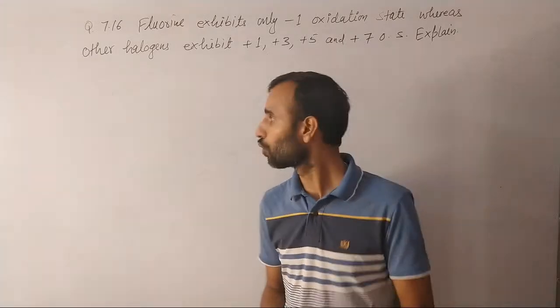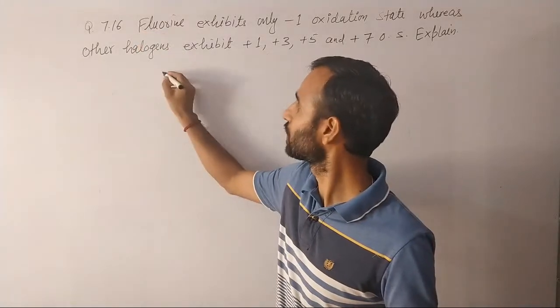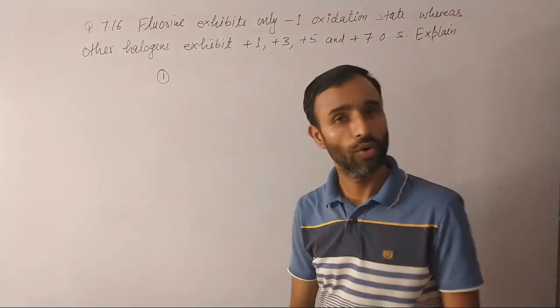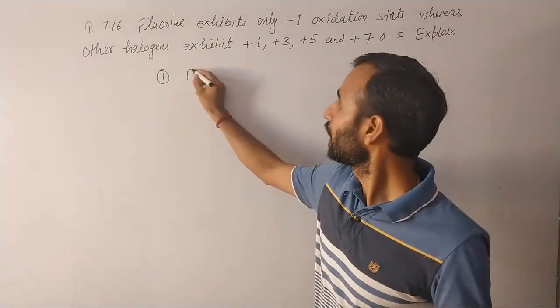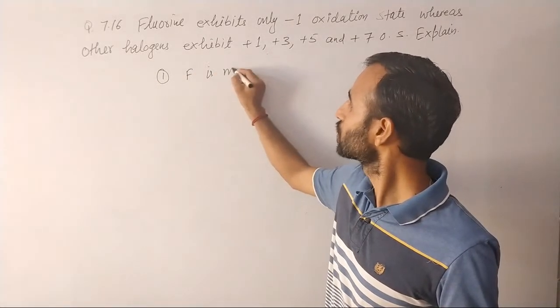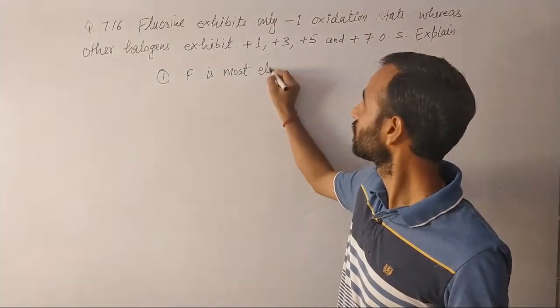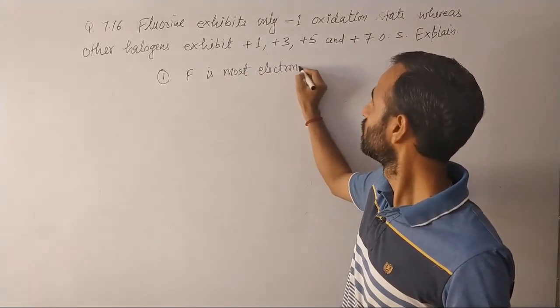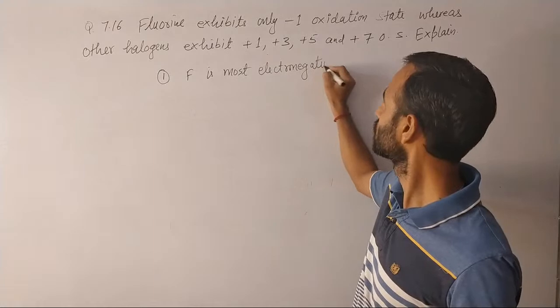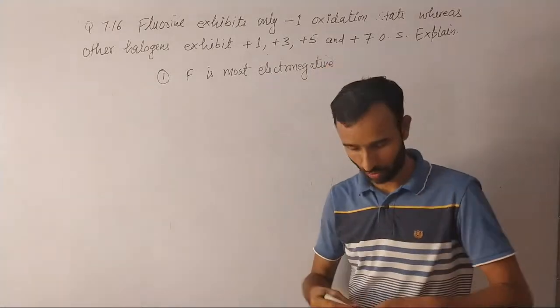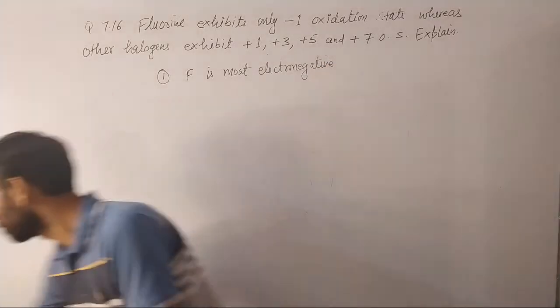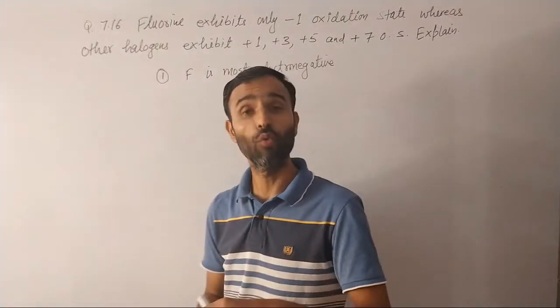So, reason for fluorine first. Fluorine is most electronegative. First and foremost thing, fluorine is most electronegative. Second, it has no vacant d orbital.